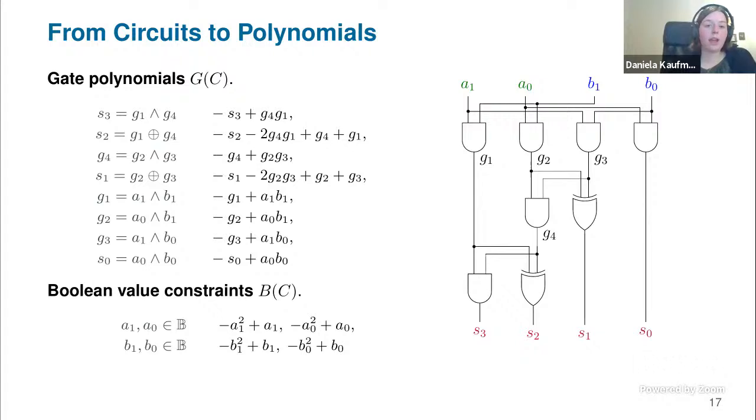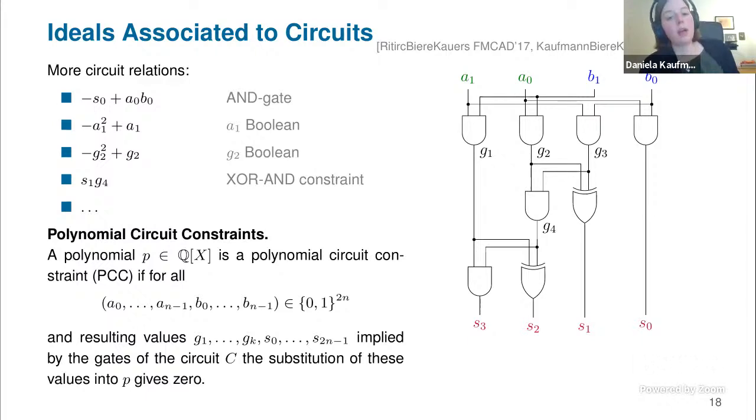Yeah, and so we have now this encoding, but actually we can find many more such relations in the circuit.